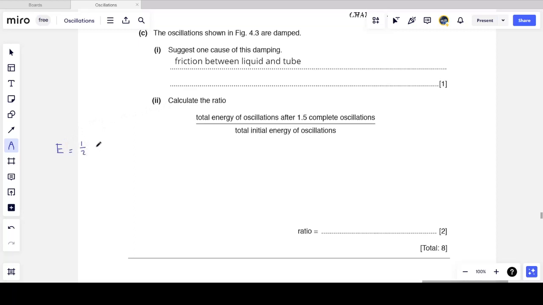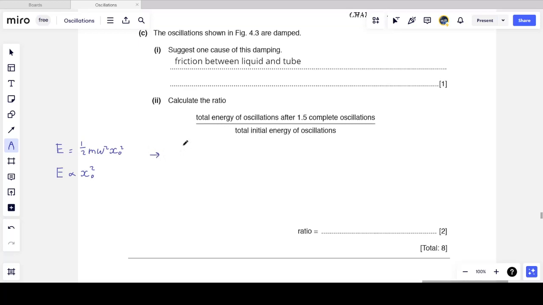I know that total energy is a half m omega squared x naught squared. So maybe check out the crash course that I do on oscillations to understand where this equation comes from. But what it means, if I'm keeping m and omega constant, which I am, I'm not changing the mass, nor am I changing the angular frequency because the period is not changing, then the energy of the oscillations is directly proportional to the square of the amplitudes.